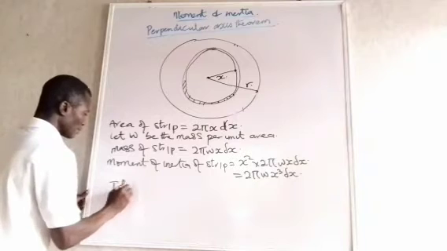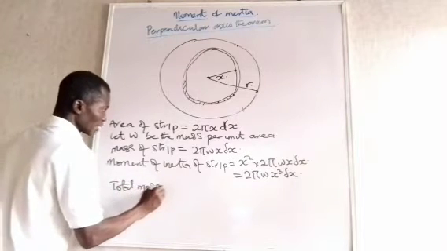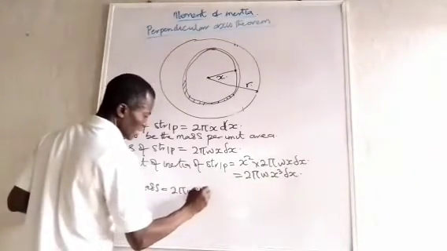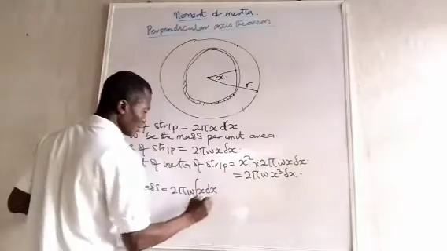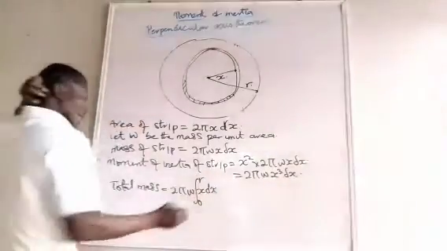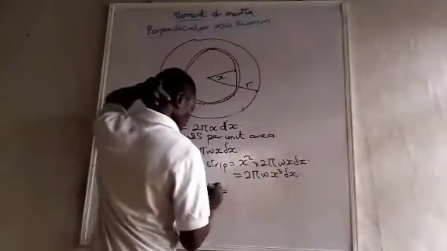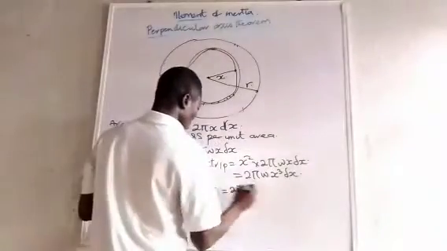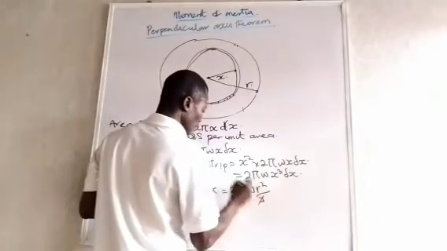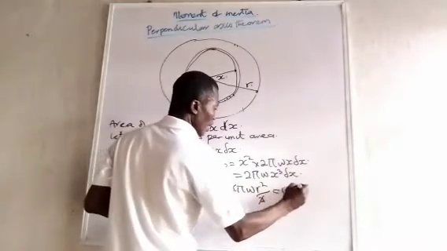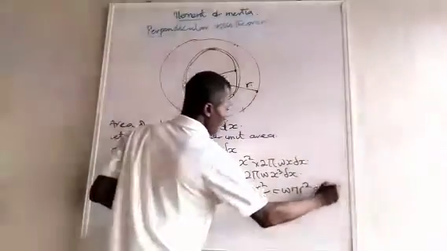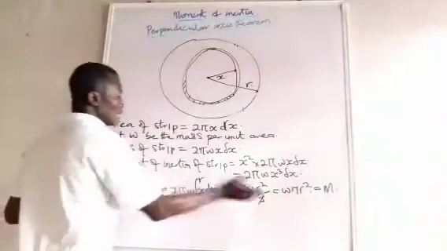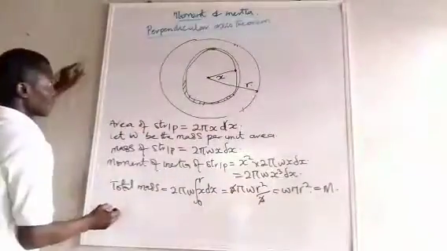So the total mass is equal to the integral of 2 pi W x dx from 0 to r. And that's going to give us 2 pi W r squared over 2. So you can see this is W pi r squared. That's the normal area that we get in mathematics.